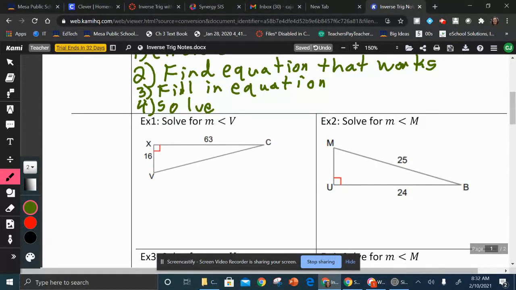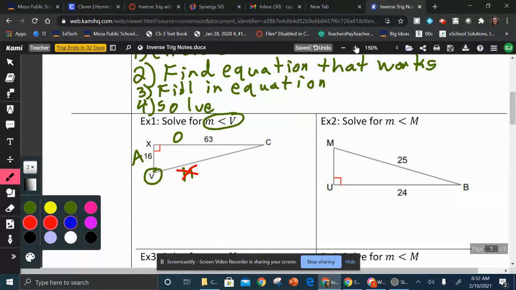So we're solving for the measure of angle V. Circle V. Okay, and then I'm going to label hypotenuse, adjacent, opposite. Remember that I don't have anything for hypotenuse, so that means I'm going to use tangent.